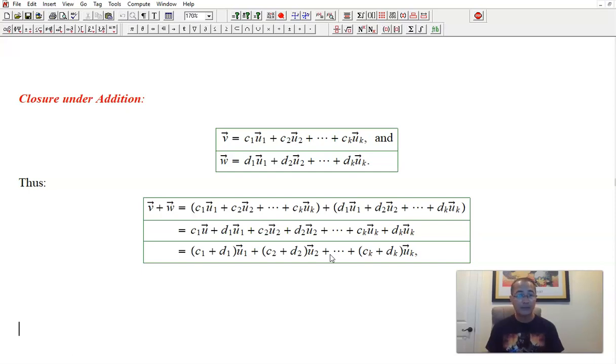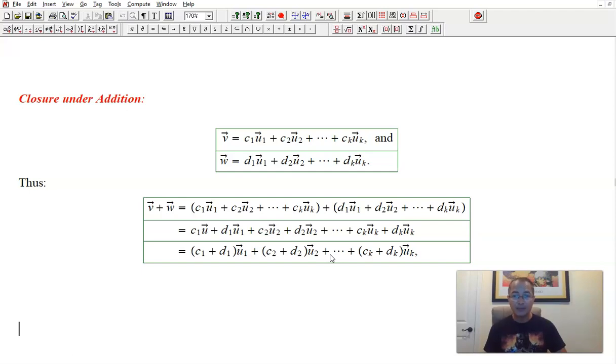Let's put C2U2 next plus D2U2 and so on. Now from the distributive property, we have (C1 plus D1) times U1 plus (C2 plus D2) times U2 and so on as our linear combination for V plus W. So this says that V plus W is also part of the span of U1 through UK.